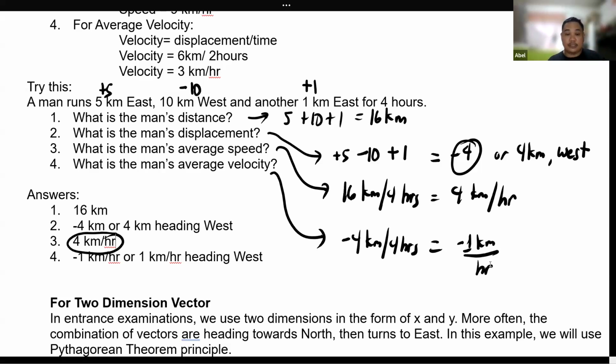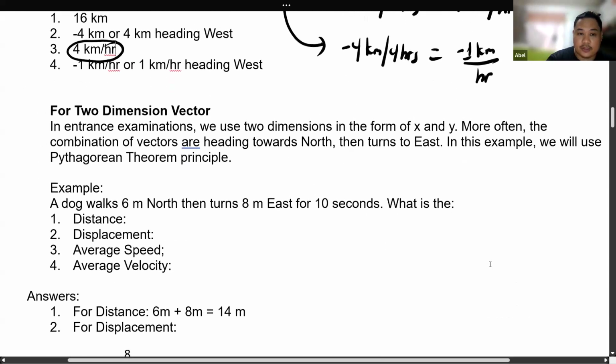That would be the average velocity, because remember, the definition of average velocity is displacement over time. So there's a big difference between the calculations of distance, displacement, average speed, and average velocity. Now, let's look at the example for our one dimension.